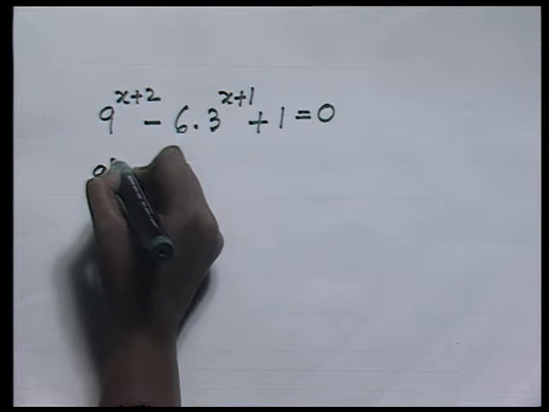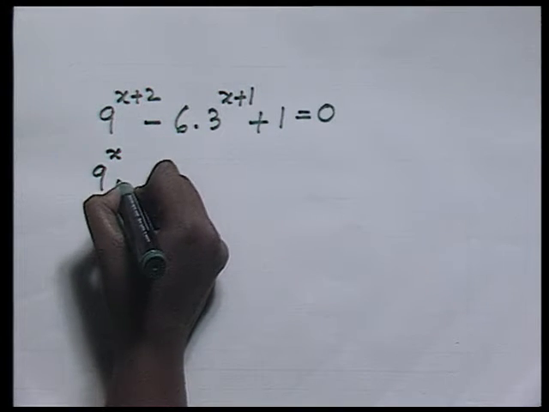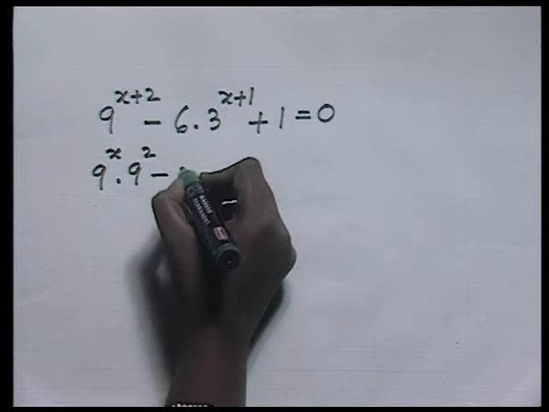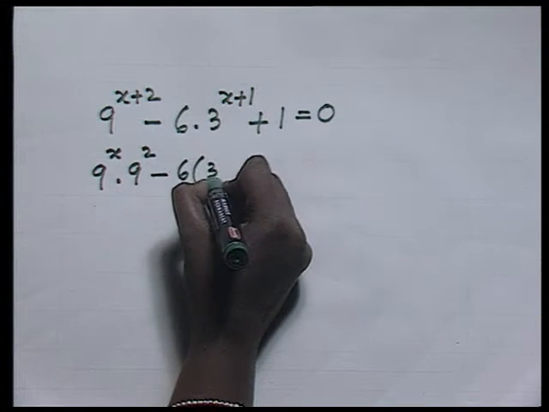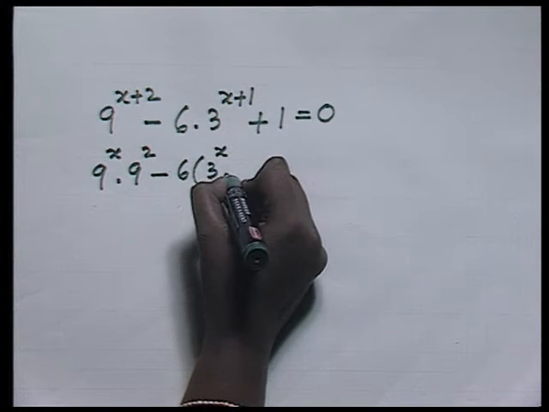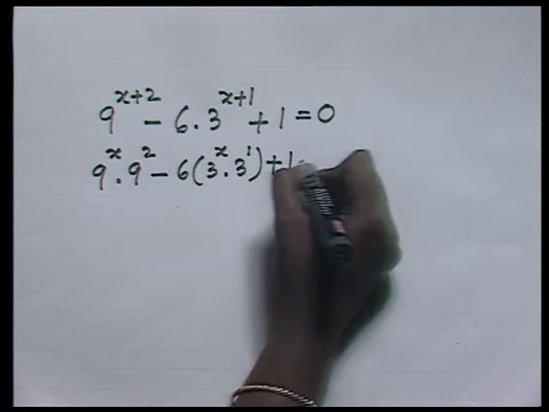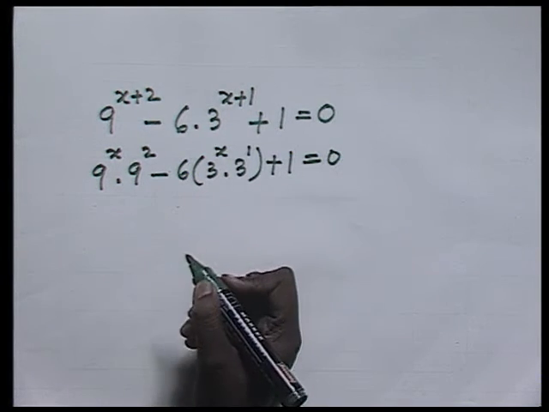We get 9 raised to the power x multiplied by 9 raised to the power 2 minus 6 times 3 raised to the power x into 3 raised to the power 1 plus 1 equal to 0.